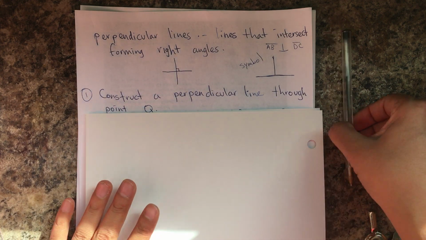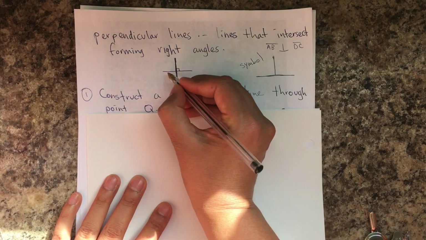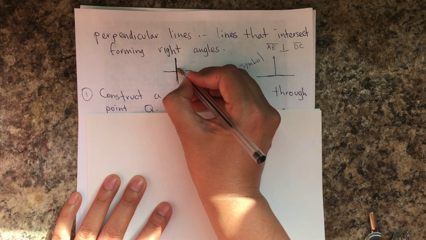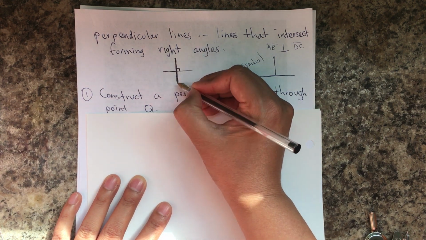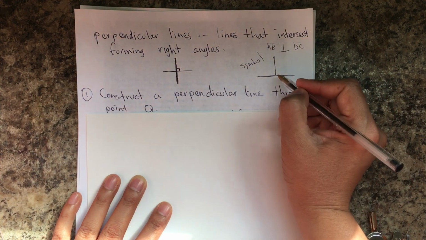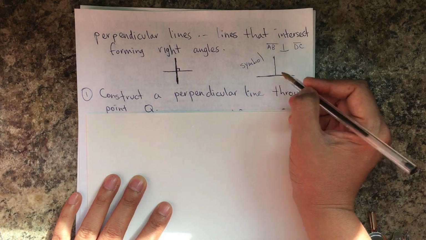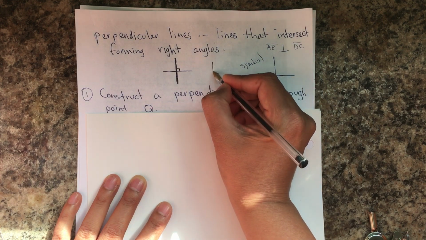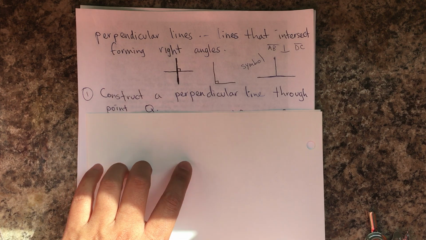So every time that you see two lines that meet and they form a right angle, they are perpendicular lines. Sometimes they go all the way. Sometimes you will have one line and they're still perpendicular, or sometimes you will have something like this to form a right angle and that's still perpendicular.